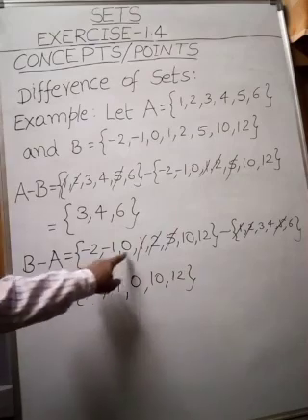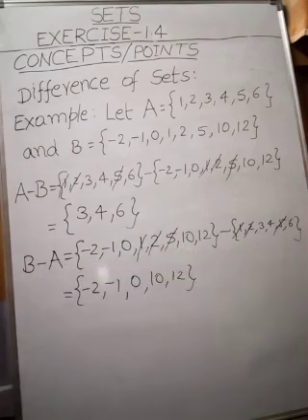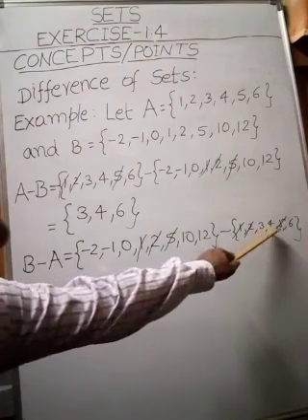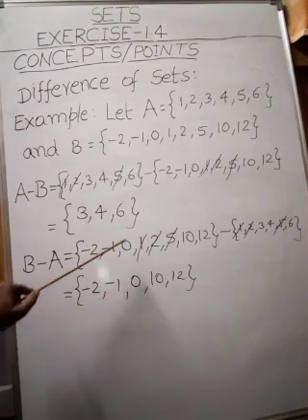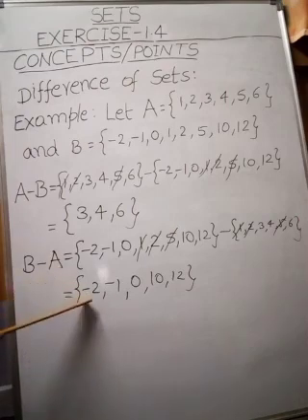These are the elements left in the first set after cancellation. We should not consider these elements in the second set. 3, 4, 6 are left in the second set after cancellation, but we should not write here. Only the elements which are left in the first set after cancellation, we should write only those elements. This is B minus A, and this is A minus B.